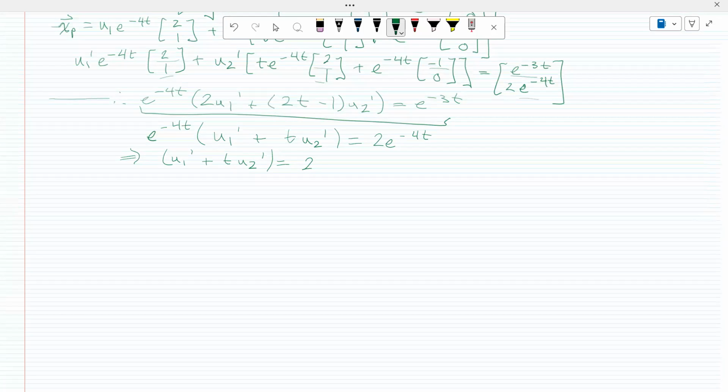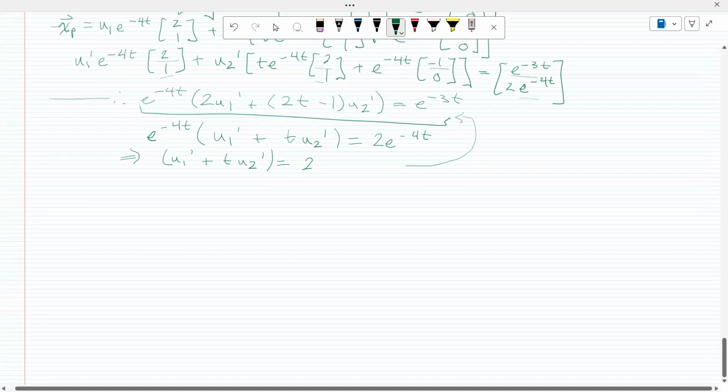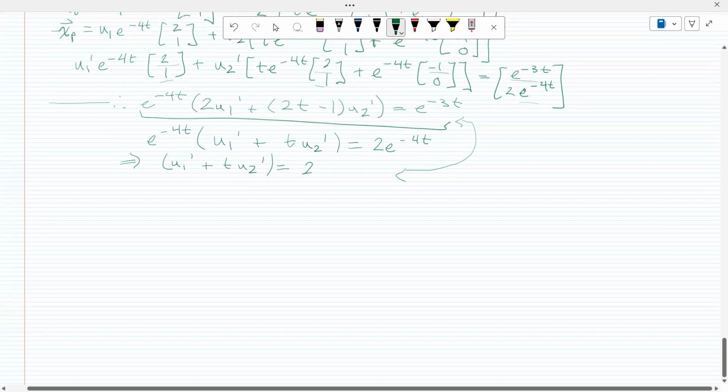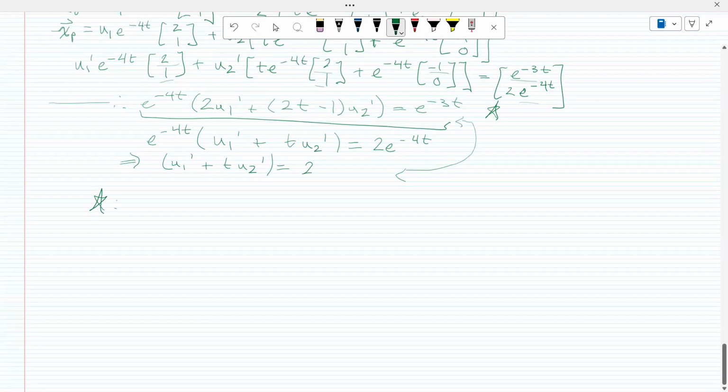So with these two expressions, we can get a simplified expression isolating u2 prime. I'm going to label this one with a star. If we work on the star, we have 2u1 prime plus (2t minus 1) u2 prime is equal to e to the t.